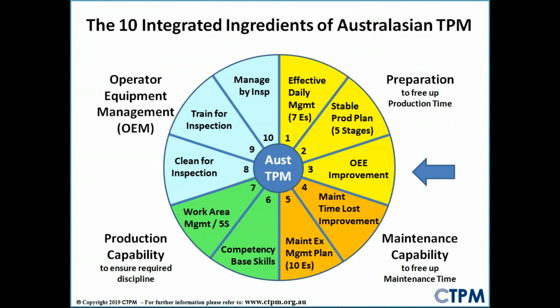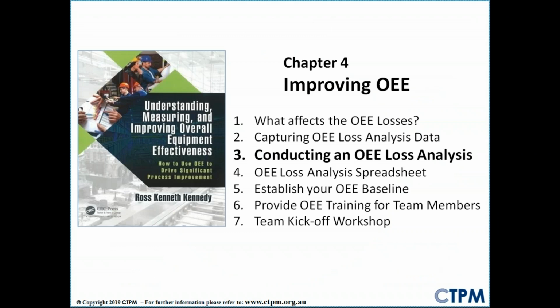Looking at the bigger picture, we have a model called the 10 integrated ingredients of Australasian TPM, and you can see the preparation part to free up production time, OEE improvement, is one of the key parts. That's why we've been asked to do this webinar.